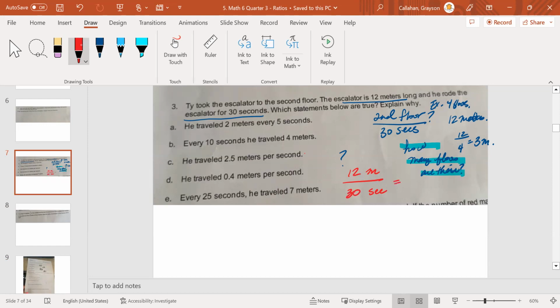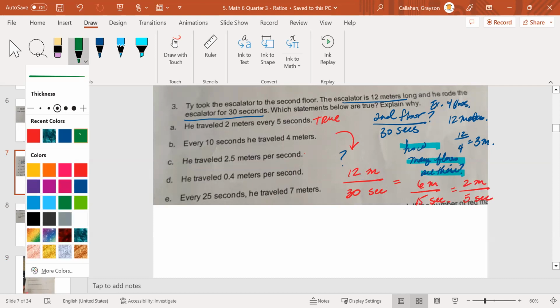So then if I reduce that by 2, because they're both even, I'll have 6 meters, 15 seconds, right? But I could reduce it by 3. 6 divided by 3 is 2 meters. 15 divided by 3 is 5 seconds. So that one will be true. And your explanation will be right here. That's the reasoning. Does that make sense?